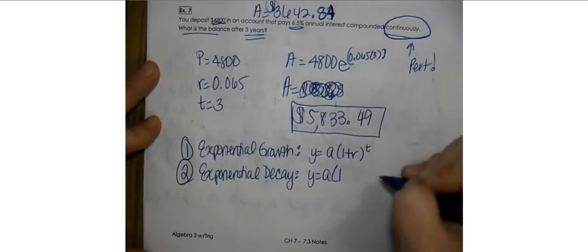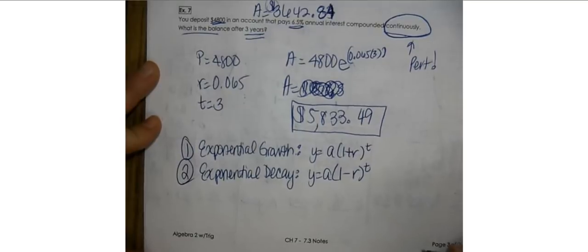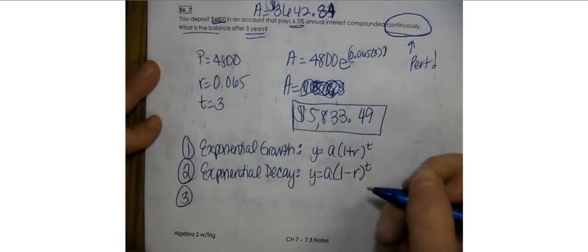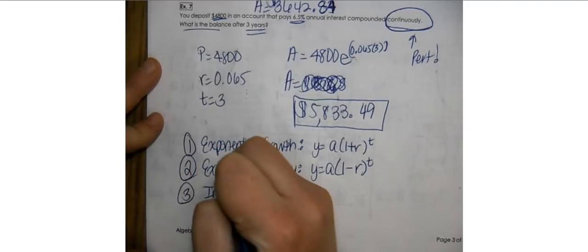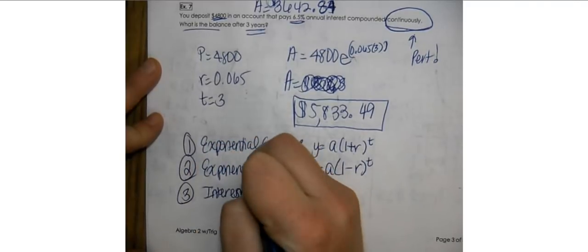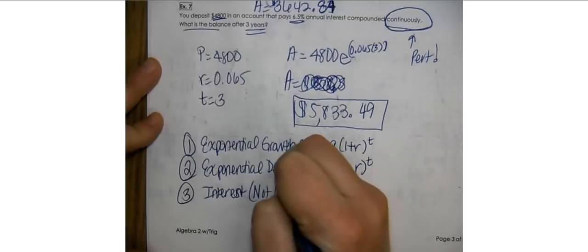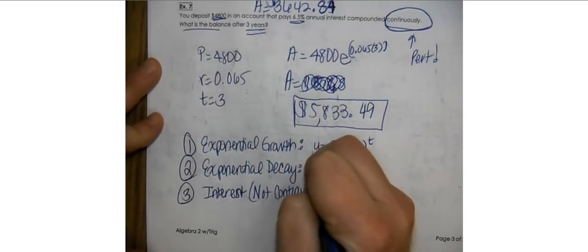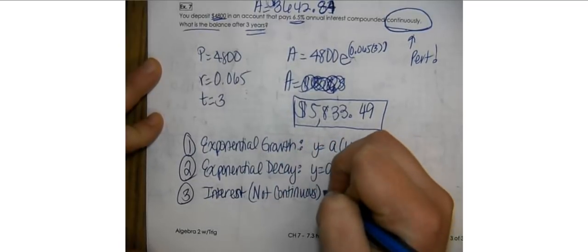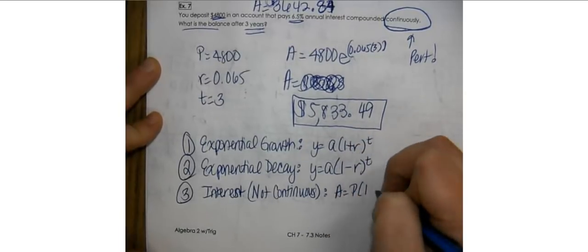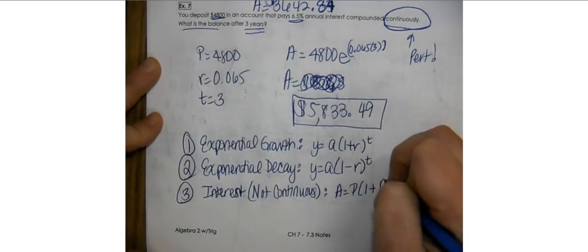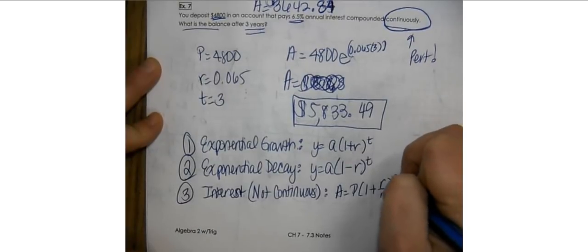Y is equal to a times 1, but because it's decay, we're going to write it as 1 minus r to the t power. Then we had 2 interest formulas. The first interest formula is for interest that is not continuous. And that formula is A equals P times 1 plus R divided by N raised to the NT power.